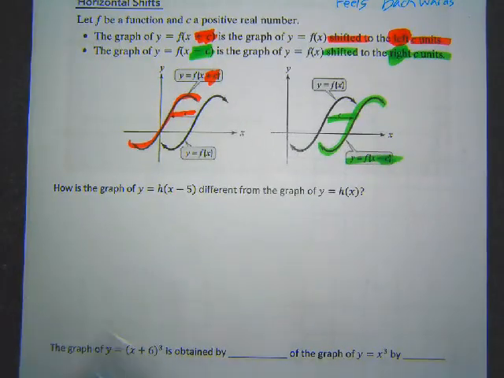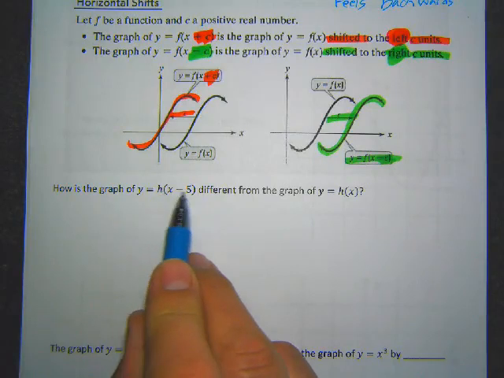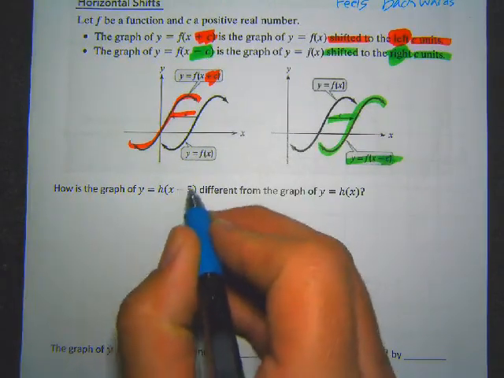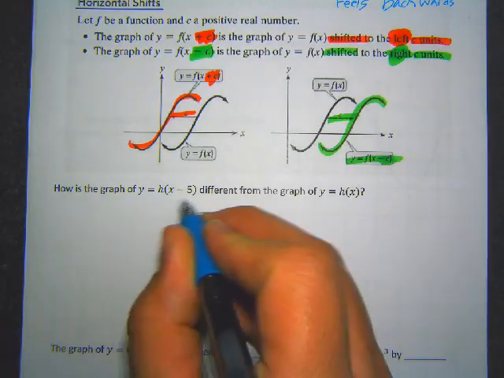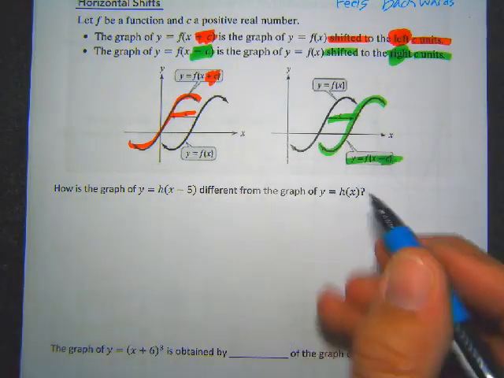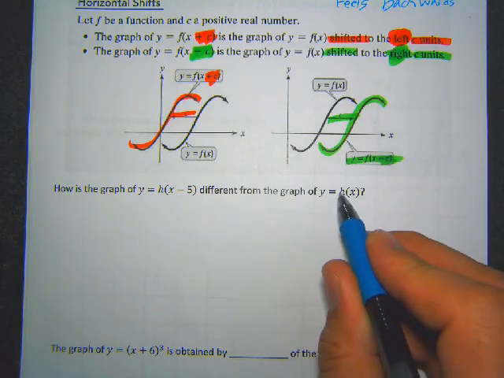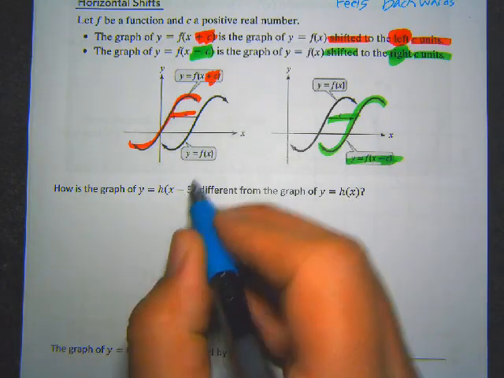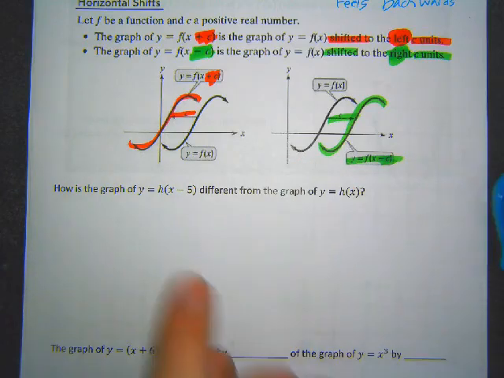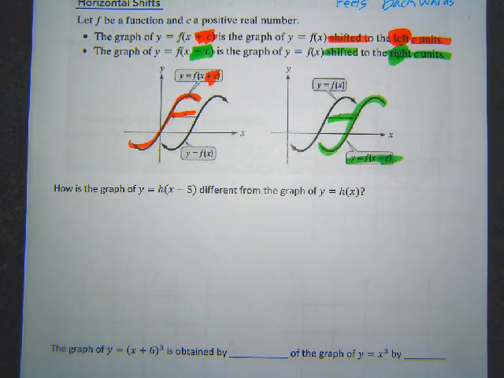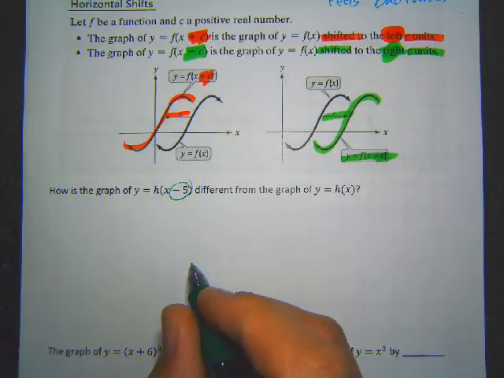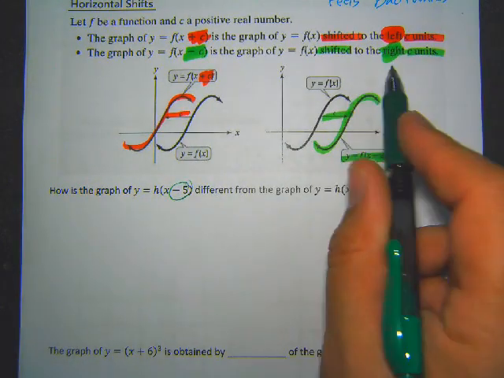Okay, so when you get an equation like y equals h of x minus 5, you can see that this is horizontal because the minus 5 is inside the function. You remember when we would define functions like h of x, and we say, okay, h is the label, x is the input, the inside. So we put the negative 5 inside the function. So that's going to be inside, and because it's a subtraction, it's going to shift it to the right.